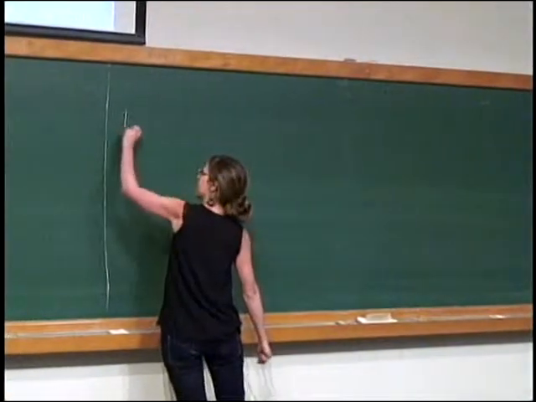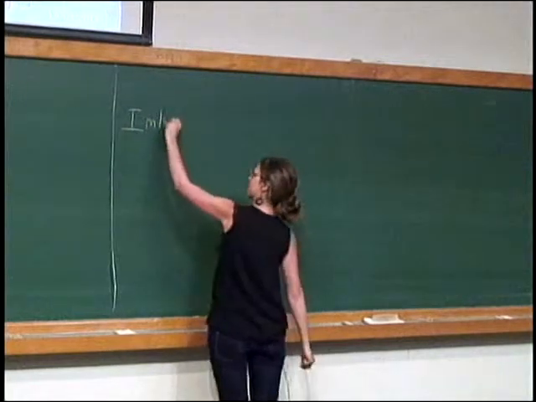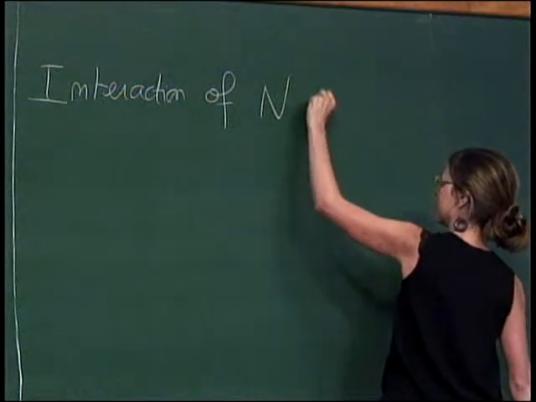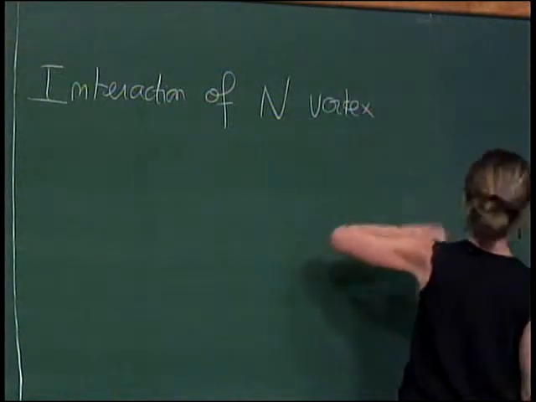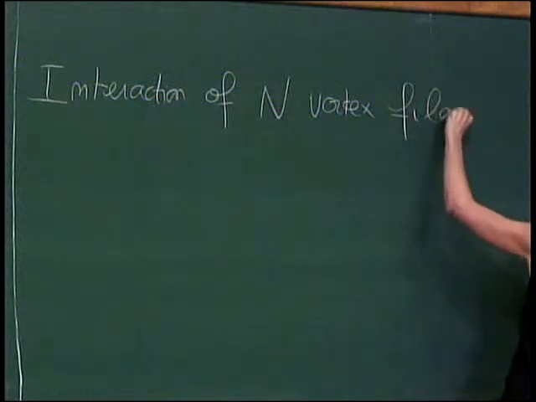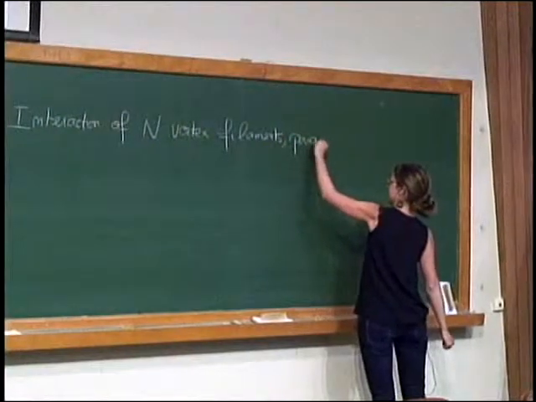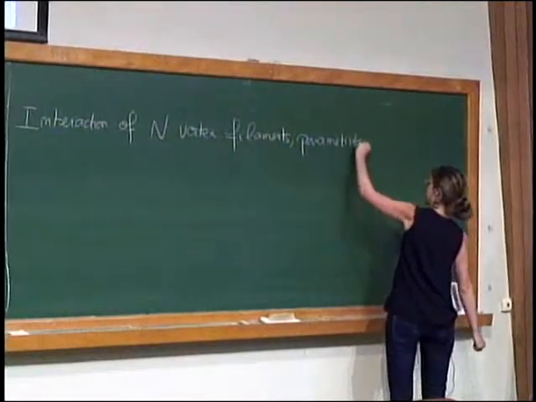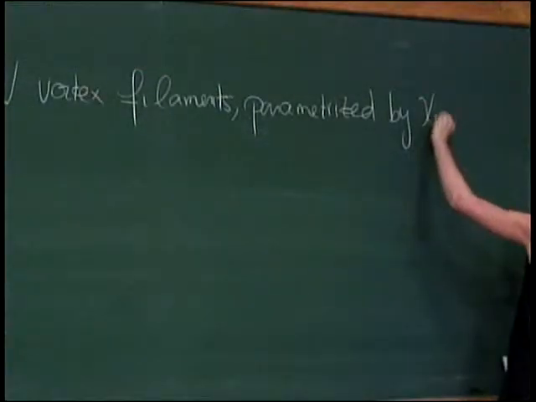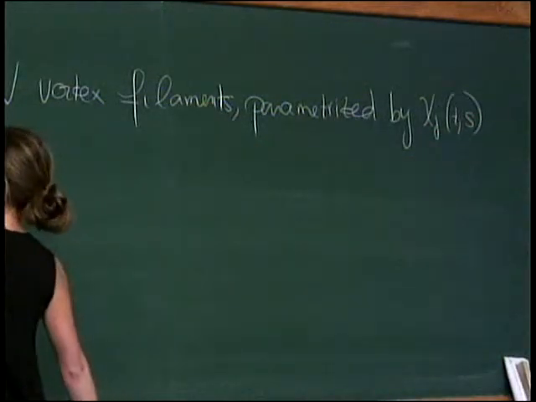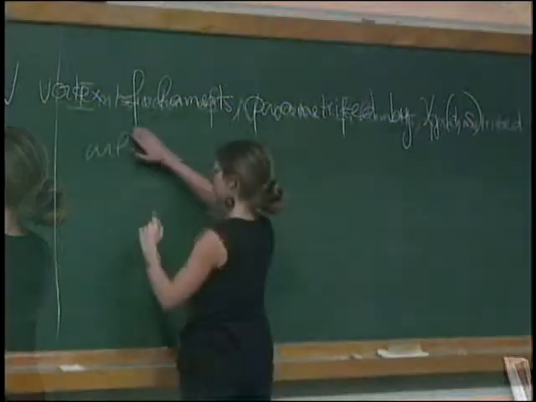So consider n vortex filaments, parameterized by functions chi j of t and s, with circulations gamma j.